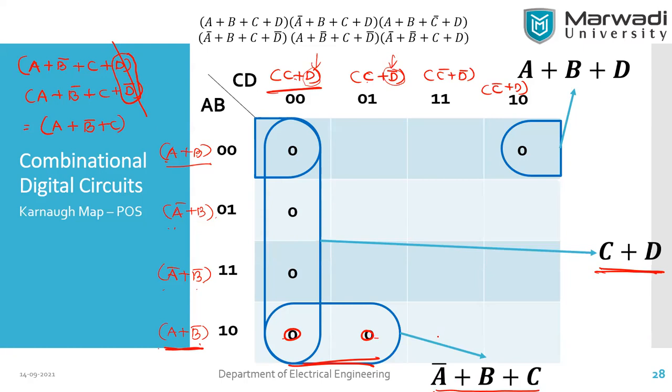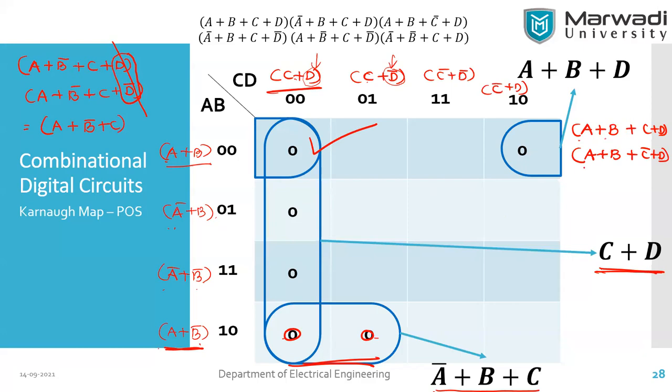I hope you understand this. Here also, you have A plus B plus C plus D, that is the first term. And the second term is A plus B plus C bar plus D. Okay.